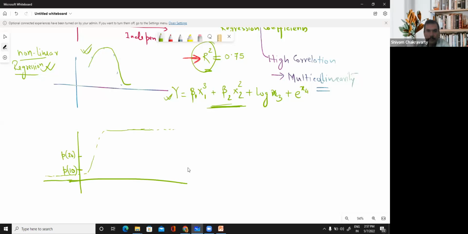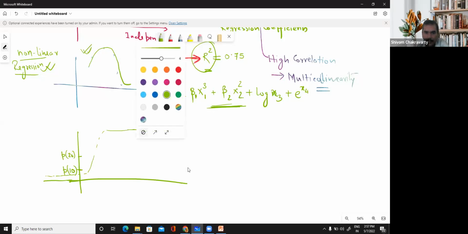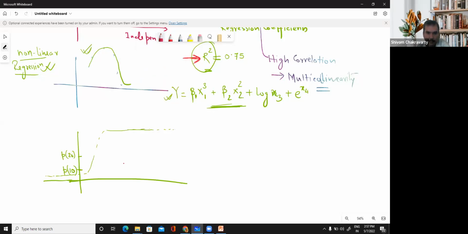I hope this is visible, or I can write in a different color. So this is called the case of logistic regression. Logistic, not S at the end, logistic regression.